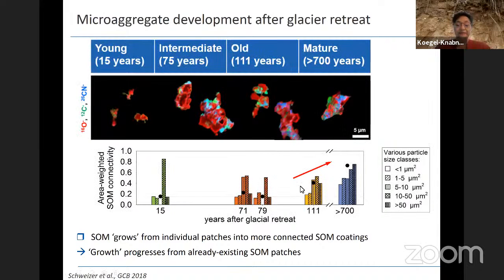When we then look at the samples that we investigated, this shows again how this patchy organic matter accumulation is seen in our measurements. And it's just to illustrate how the connectivity increases with age of the soils.